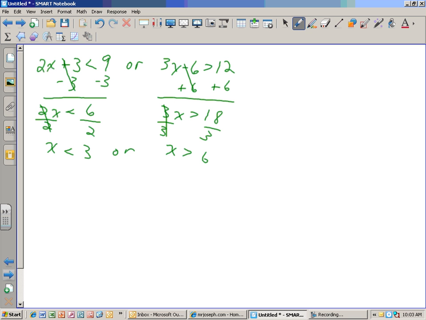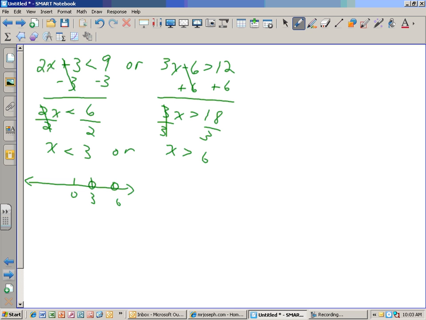Okay, so let's see what that looks like. Here's my 0. We always put the 0 there. Here's 3. Here's 6. Open circle or closed? Open on both, right?